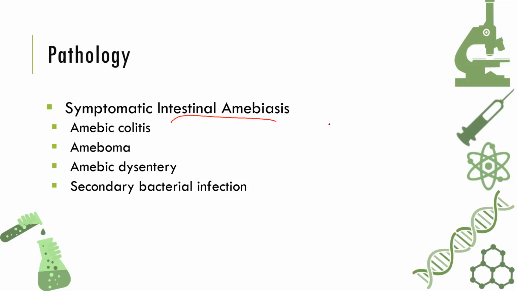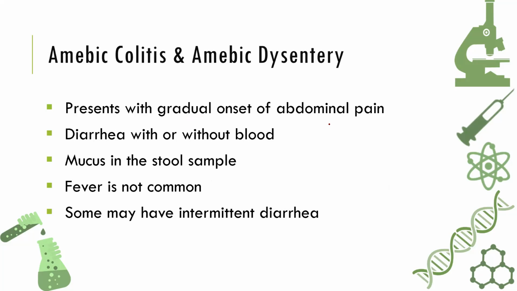So let's go. What is amoebic colitis, amoebic dysentery, and so on and so forth. When we say amoebic colitis and amoebic dysentery, this is present with gradual onset of abdominal pain, diarrhea with or without blood.